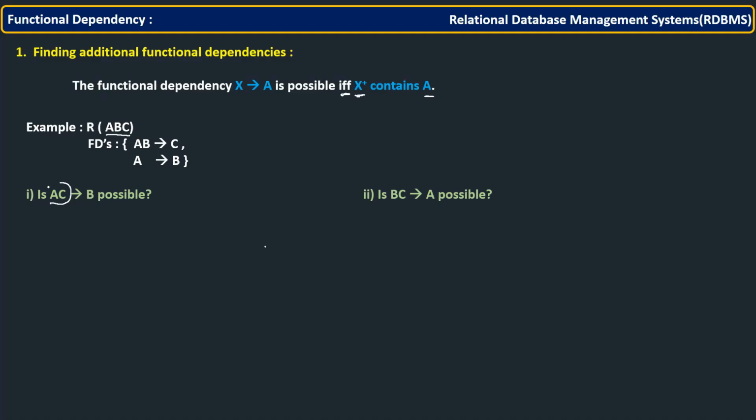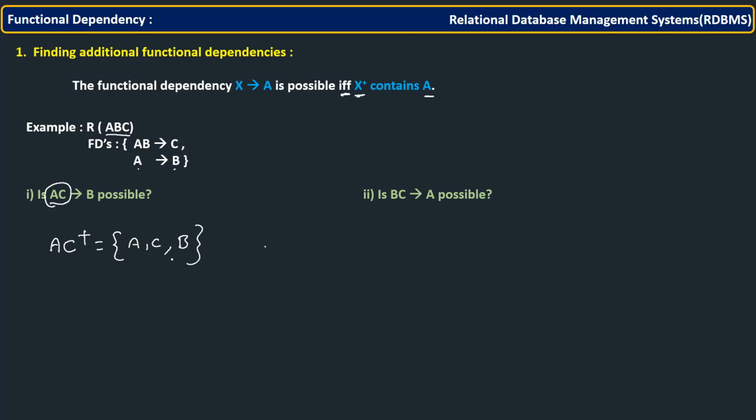So what you have here, AC. You just find out the AC closure. Of course, A and C you can add automatically. Now you come to this part. A deriving B, right? So A is there, the LHS part of this FD is already in the set, so the RHS part you can add.